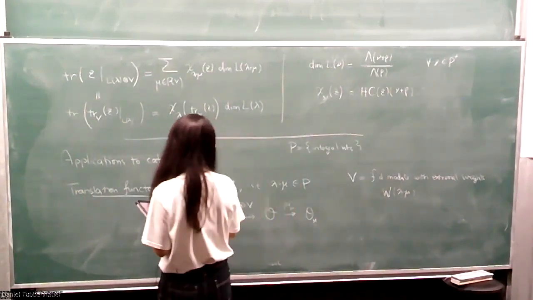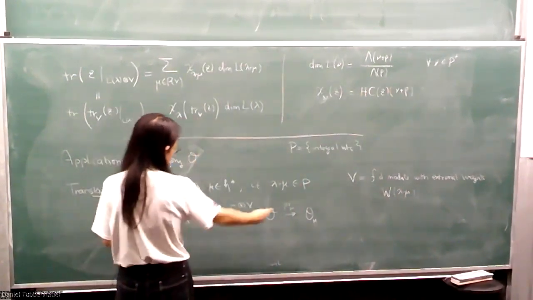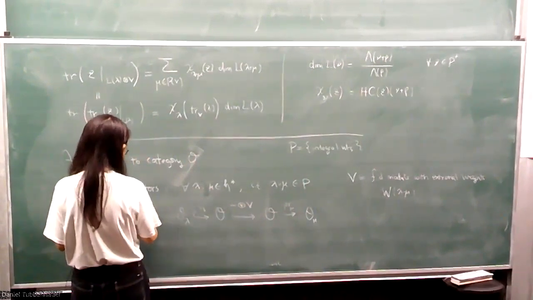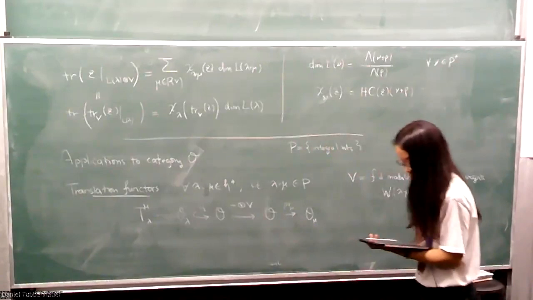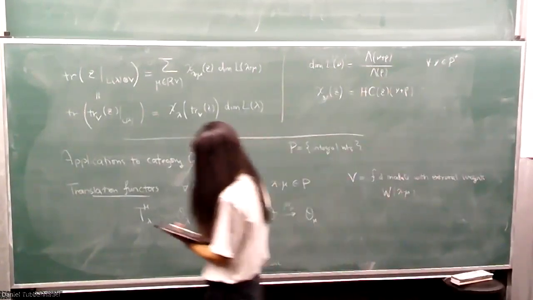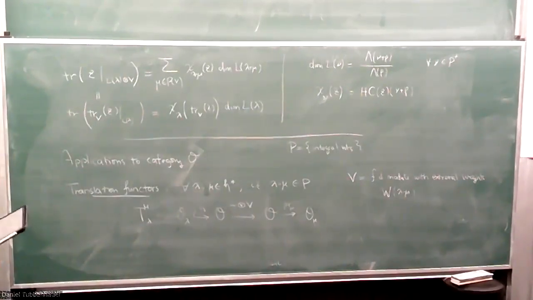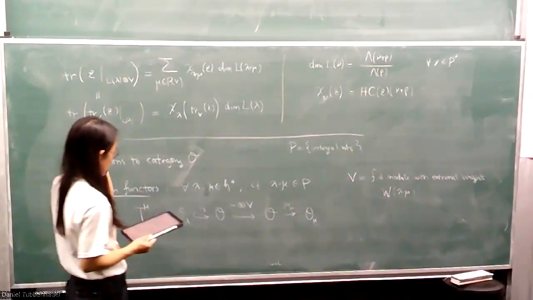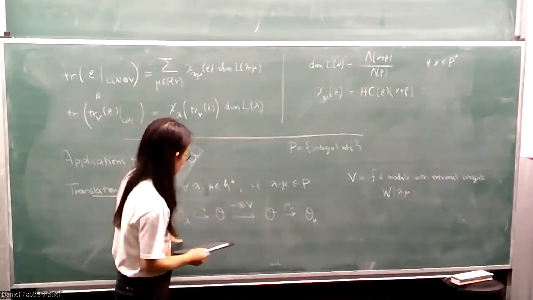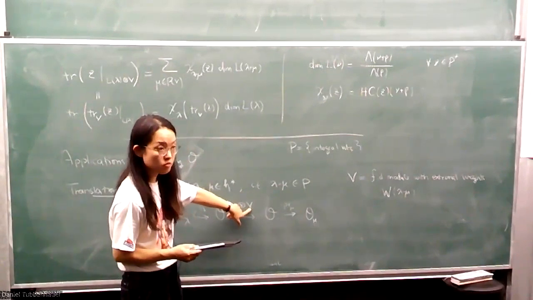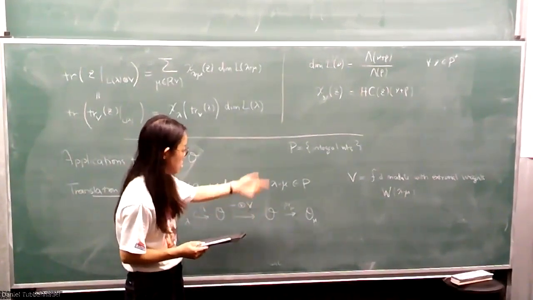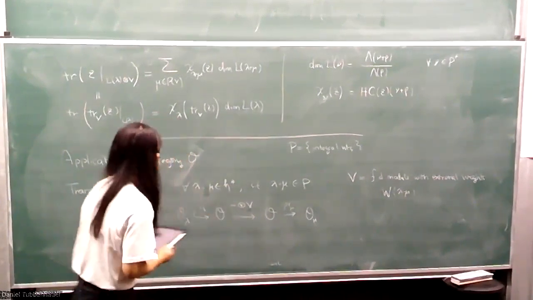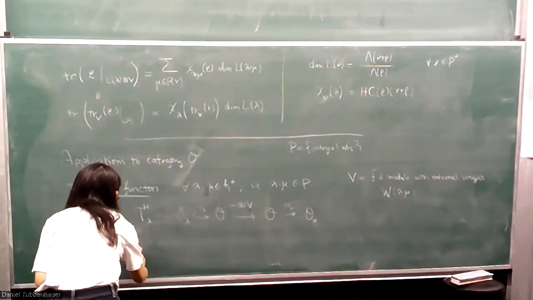So you get a functor from the block of lambda to the block of mu like this, and this is the translation functor denoted by T. You can translate back using V dual instead of V. And since tensoring with V and V dual are adjoint twice, it's fixed. So you get a pair of adjoint functors like this.